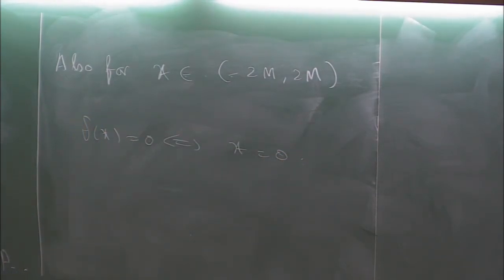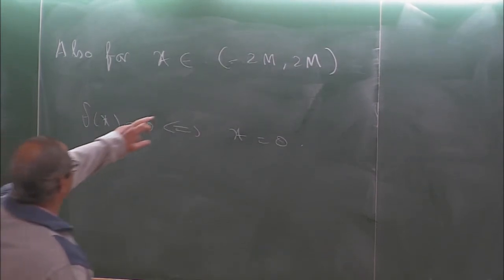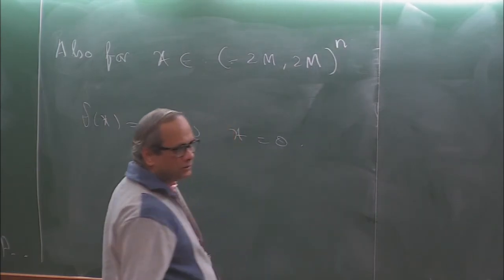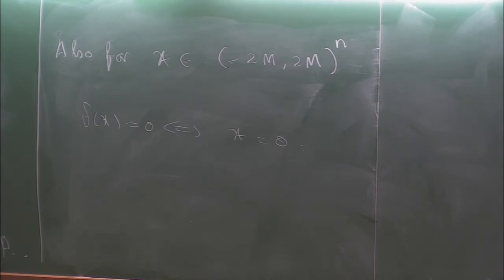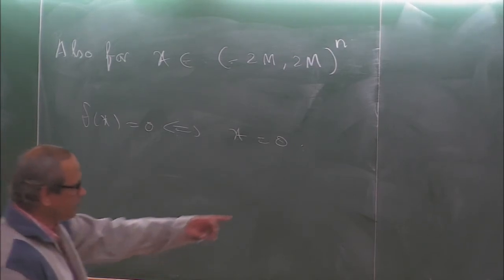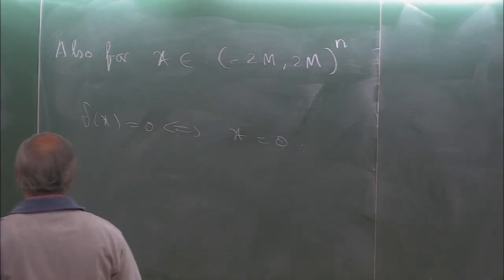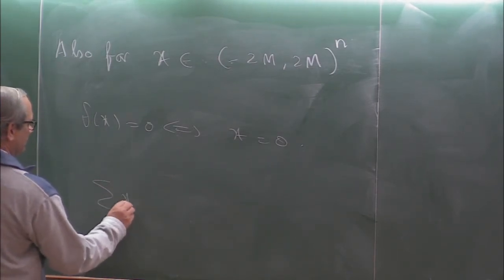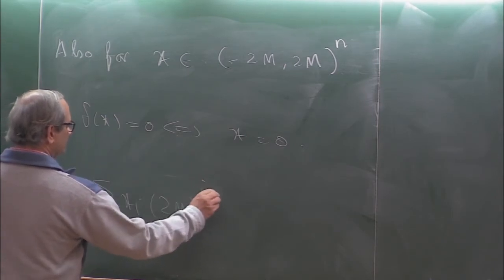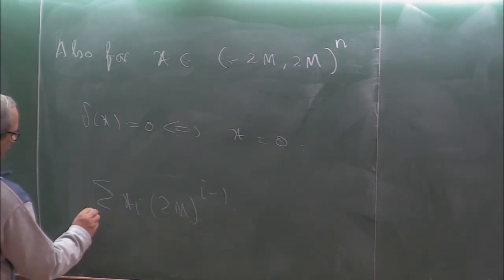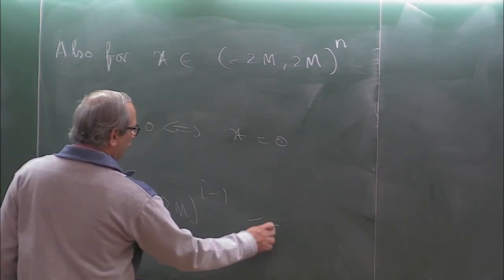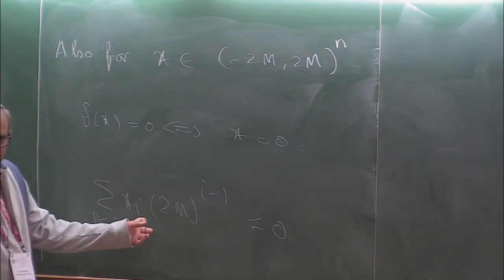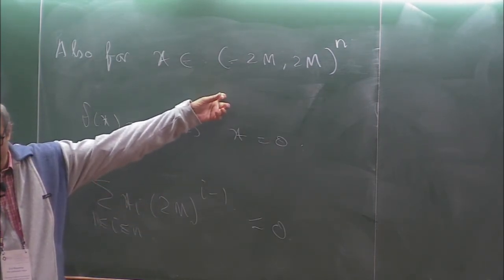There is only one 0 in this interval. So if all the coordinates lie in this open interval, then f of x is 0 means that x is 0. Simply because f of x being 0 means that the sum is 0. Now, suppose this sum is 0 and you want to show that in fact all the xi's must be 0 provided they satisfy this size condition.